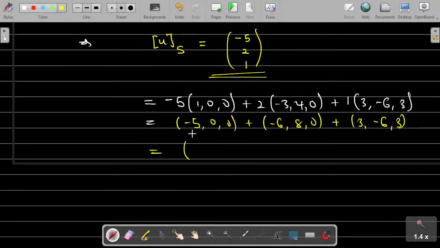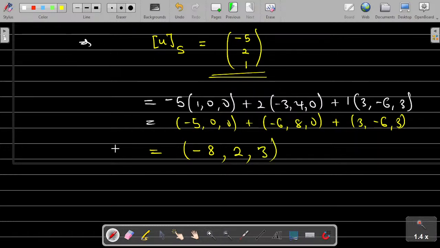And what is it going to be? So let's add. You know, addition of vectors is column component wise. So minus 5 plus minus 6 is minus 11, plus 3 is minus 8, comma 0 plus 8 is 8, then plus minus 6 will give you 2, comma 0 plus 0 plus 3 will give you 3.